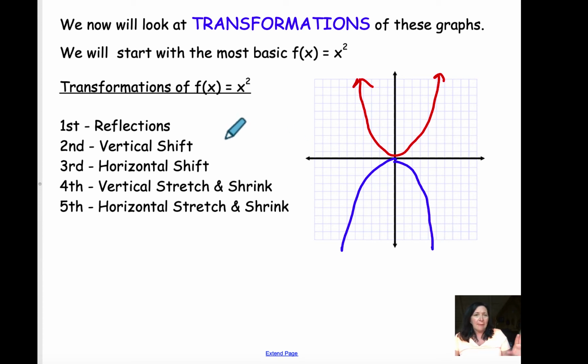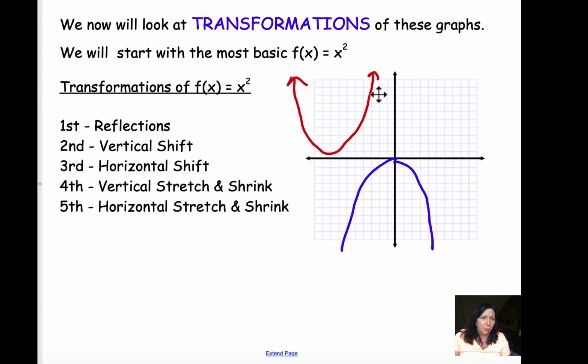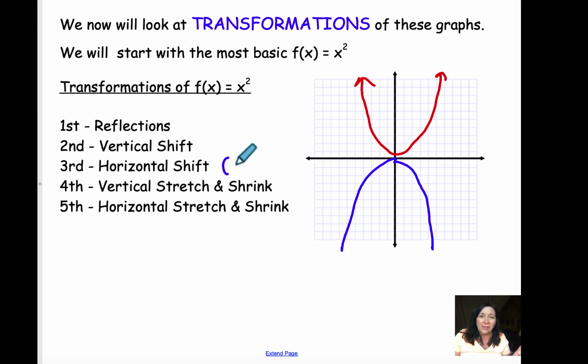But if I want to do a reflection across the y-axis, that would be the exact same picture. If I want to do a horizontal shift, this graph would go to the left or to the right. And those values of horizontal shifts are inside the parenthesis, like x minus 2 or x plus 2, quantity squared.